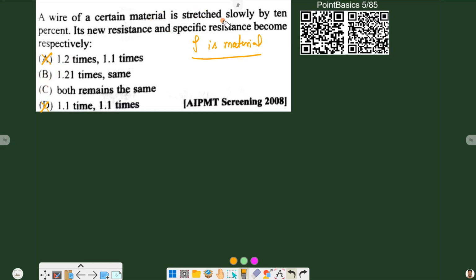So material is stretched slowly by 10%. So we can say if its original length was L node, then its new length L is equal to 10% more. So it is 110 by 100 of L node. How did we get this value? This will be 1 plus 10 by 100 into L node. So this is our new length.